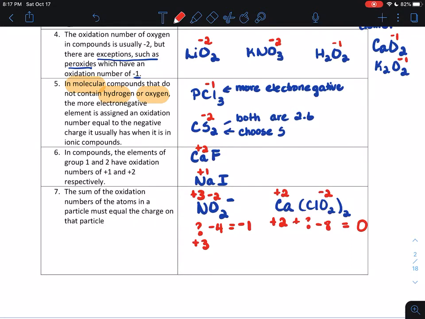So now I can figure out what that unknown is. And I hope that you guys figured out that that unknown is +6. Now, that's the overall total oxidation number, but I have to write the oxidation number per atom. And do you see here that I've got 2 chlorine atoms? So I have to divide this number by 2. So 6 divided by 2 is 3. So this chlorine has an oxidation number of +3.